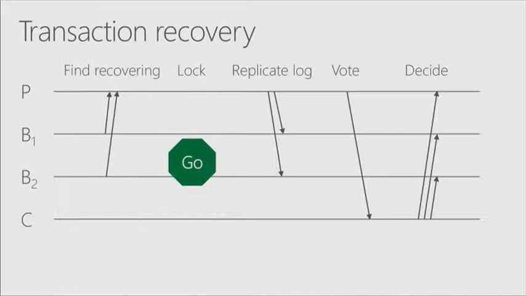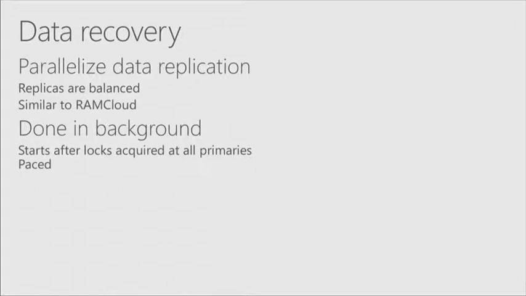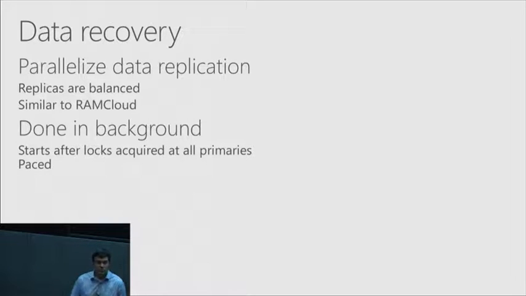Okay. So in addition to recovering transactions, the data also needs to be recovered, and we parallelize this data replication. We basically need to recreate backups for the regions that have lost backups, and this is done again in parallel.